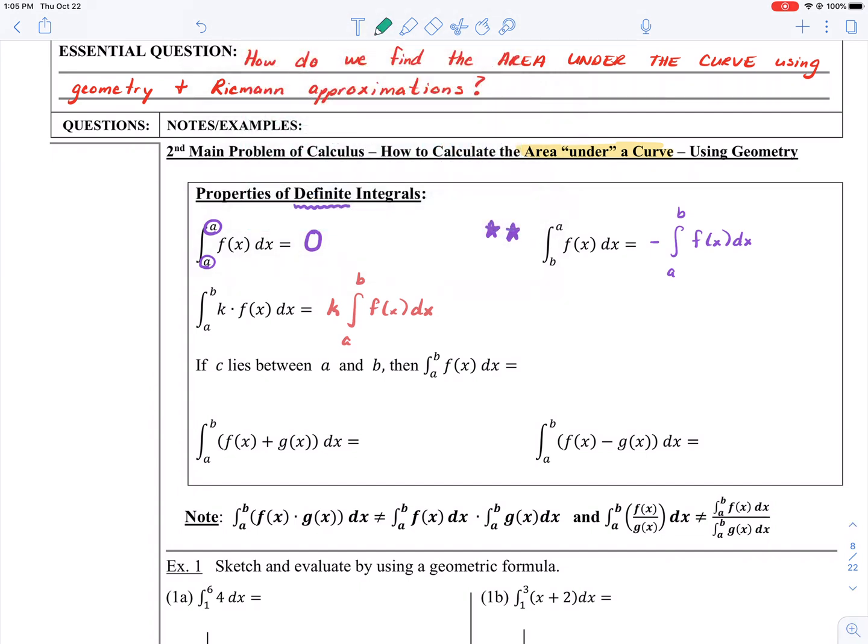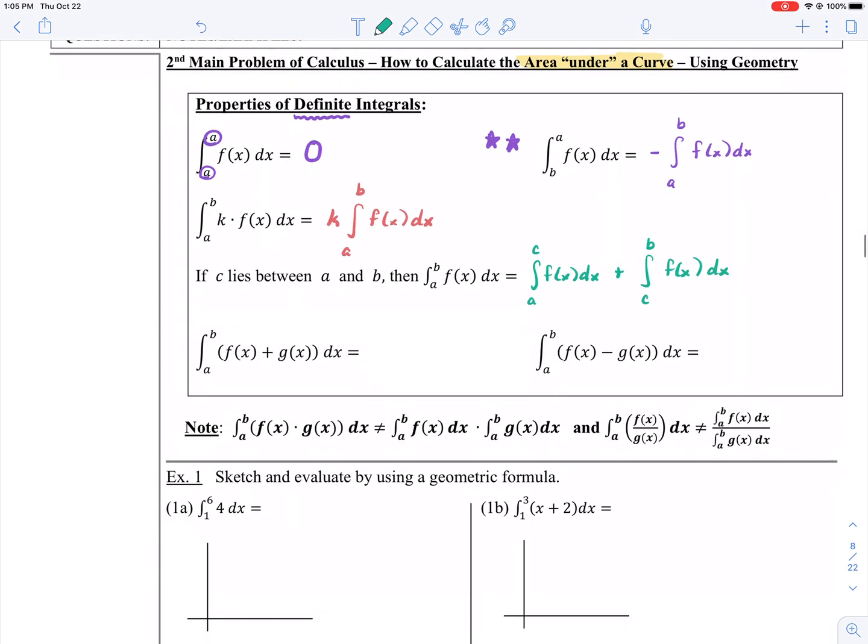So we're going to say that the integral from A to B could be the integral from A to C plus the integral from C to B. So we're going to break that up into pieces.